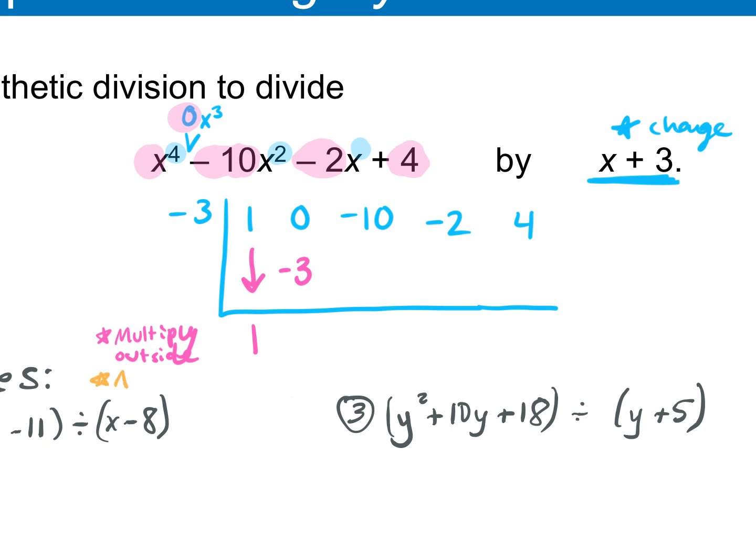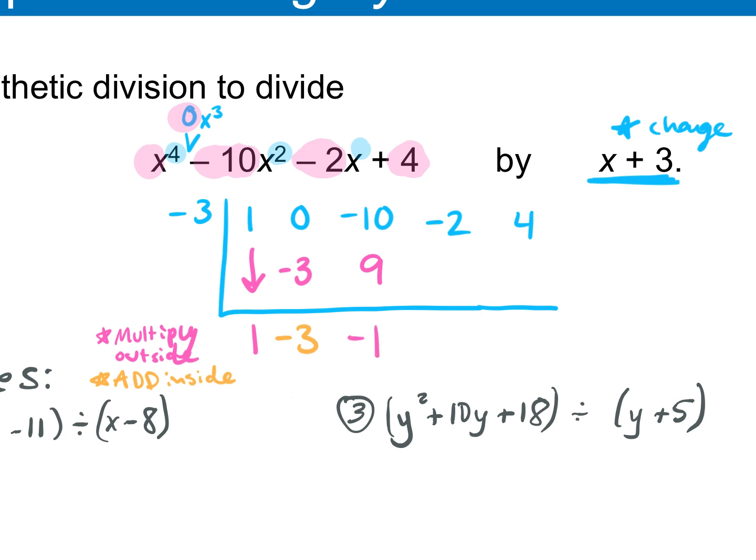Then you're going to add on the inside. So 0 plus negative 3, negative 3. Outside, again, we multiply. Negative 3 times negative 3 would be 9. Negative 10 plus 9.